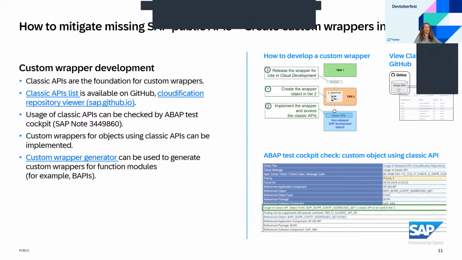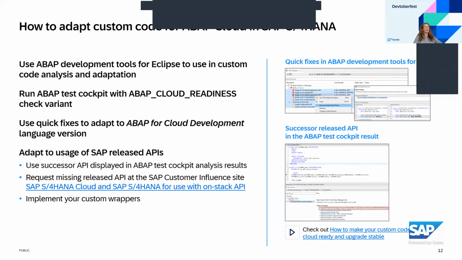For example, you know that BAPIs come along with very long signatures, and therefore, if you use the custom wrapper, you put in the name of the BAPI and the name of the generated object, and you get it from scratch.